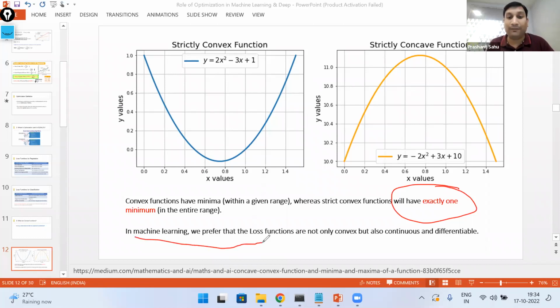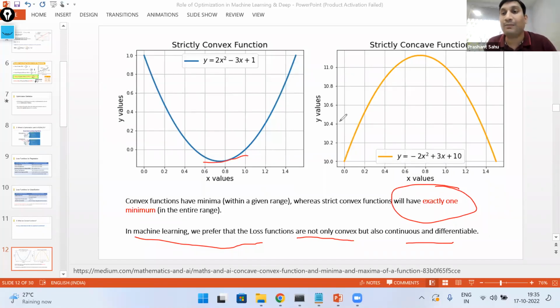So in machine learning, we prefer that the loss functions are not just convex but also differentiable. So that was one of the questions raised by one of the attendees here. So yes, we prefer that the loss functions we are discussing should be differentiable, so that the derivative leads to the point of minima. So what happens to the derivative?